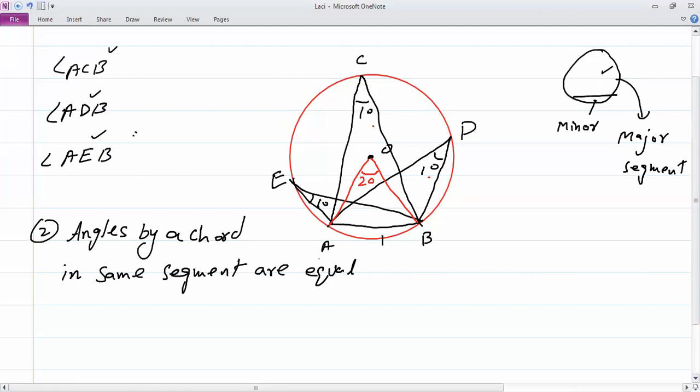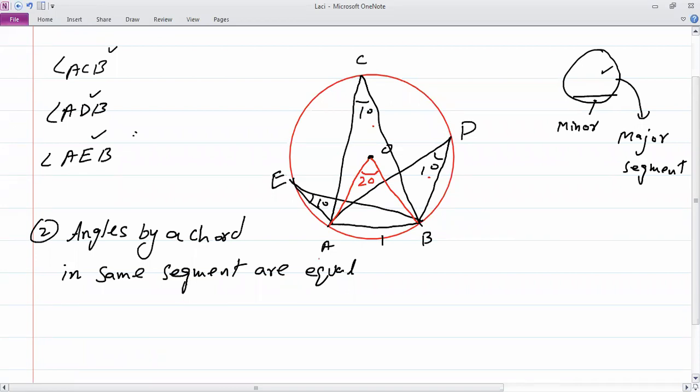So this is the second rule. The first rule tells the relation between the angle at the circumference and the center. The second rule tells the relation between all the angles at the circumference by the same chord, provided they are in the same segment. Clear?